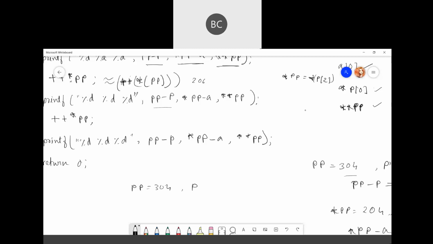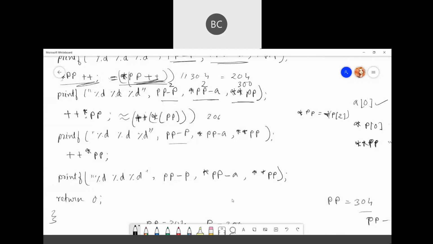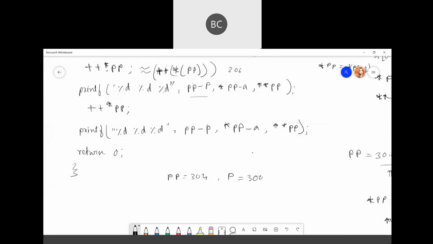P always started from 300. Then we need to find PP minus P, so it will be the same, 304 minus 300. We need to divide it by 2. So 2. For this case also, 2 will be printed.